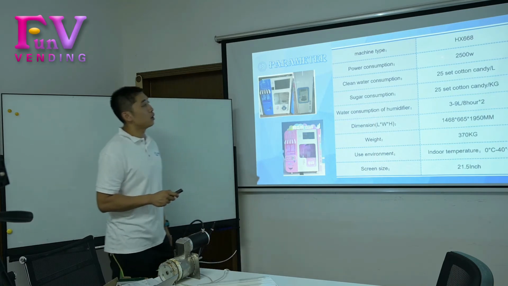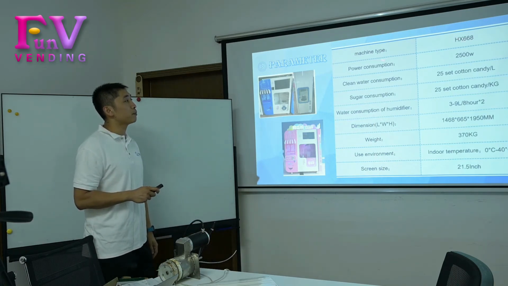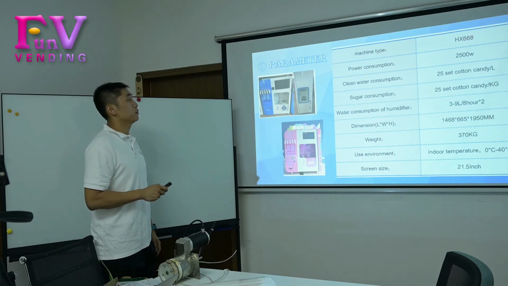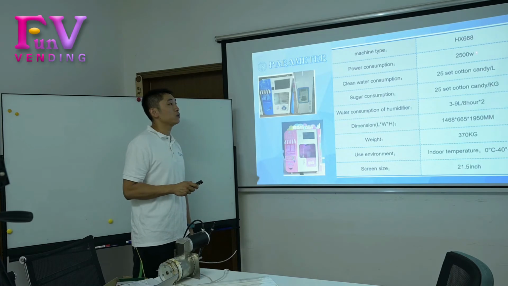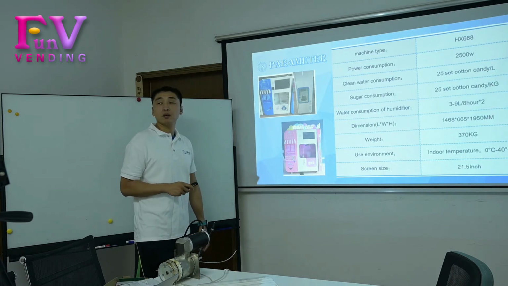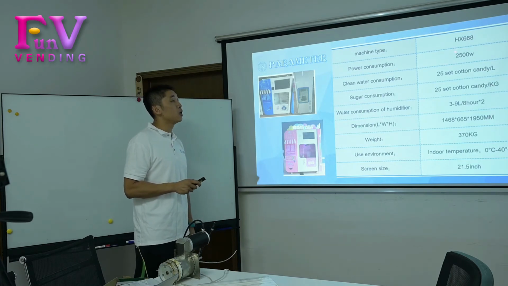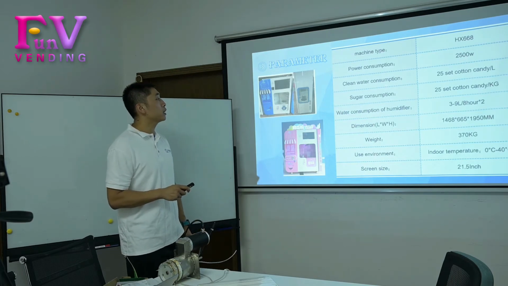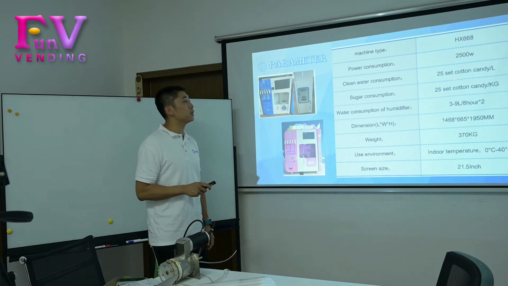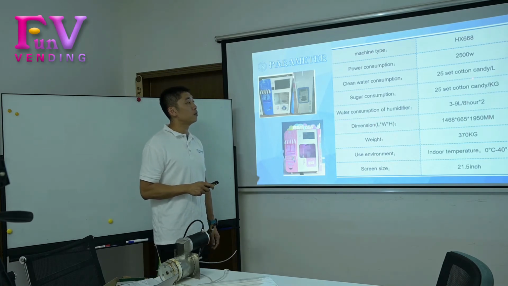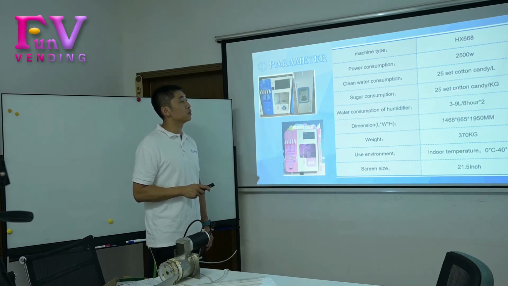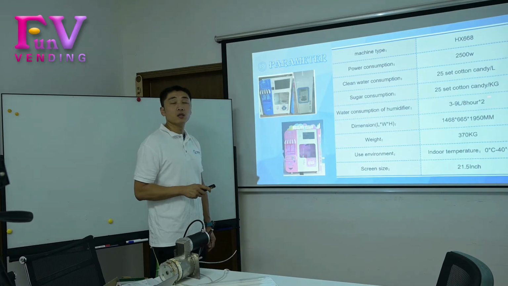So let's see the parameters of this machine. The model is HS668. The maximum power consumption is 2,500 watts. The clean water consumption: 20 sets of candy cotton. The sugar consumption is 25 sets of candy cotton per kg.